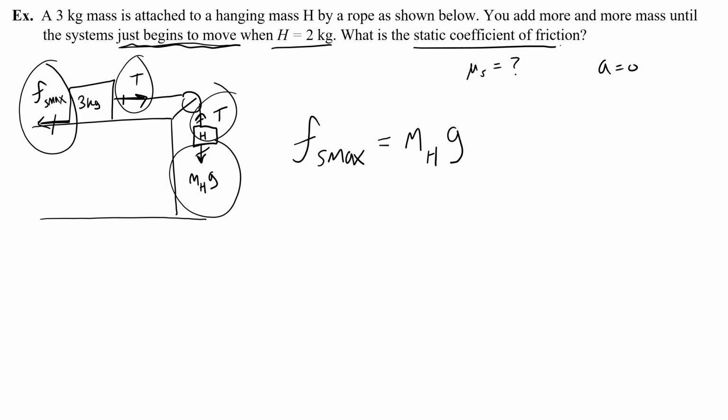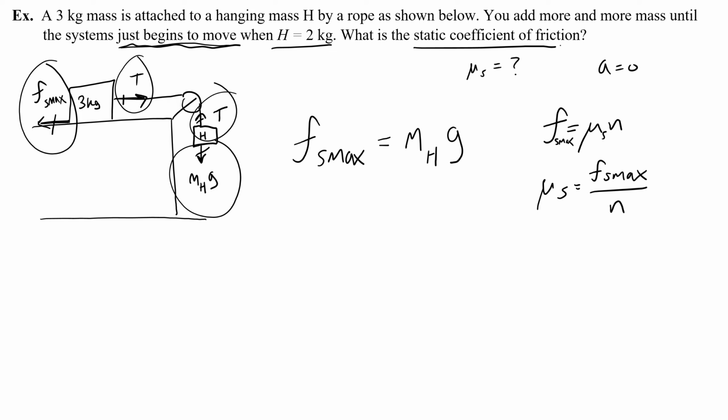Okay, so to figure out what mu s is, I'm going to take the force of friction and divide it by the normal force. A good way to remember this is friction is fun: it's always mu times normal force, and in this case, mu s, and we would be looking at the max value. So mu s is equal to that maximum static friction over the normal force.